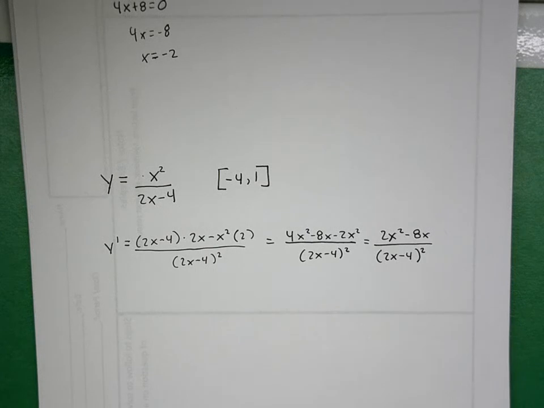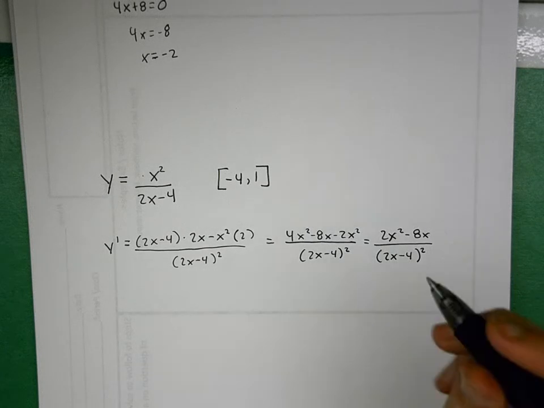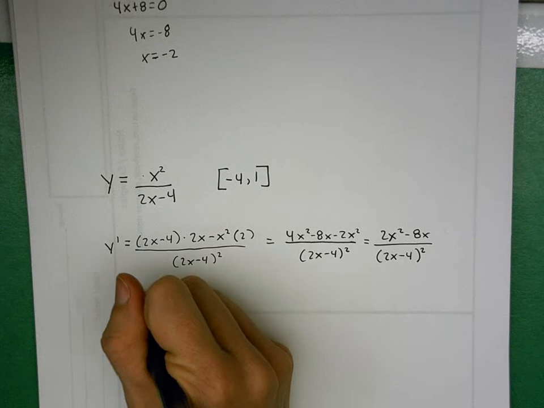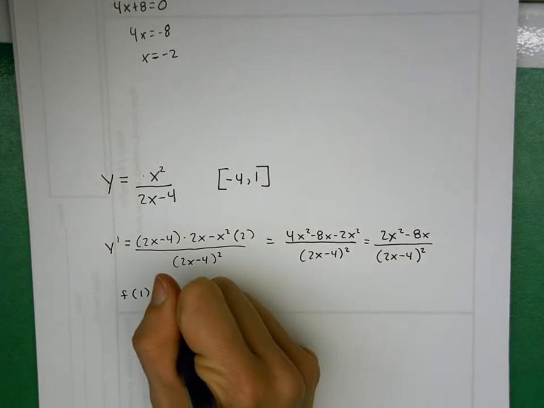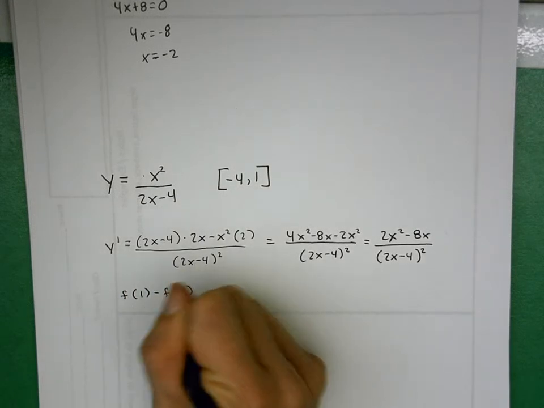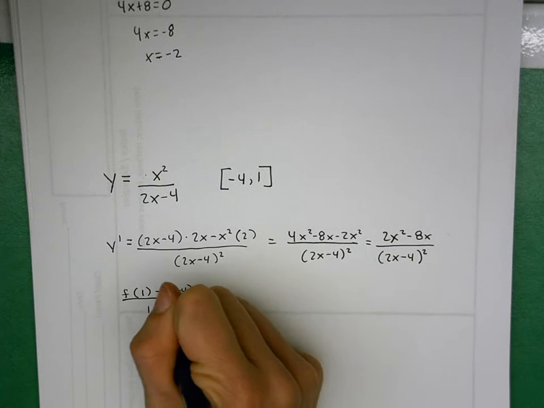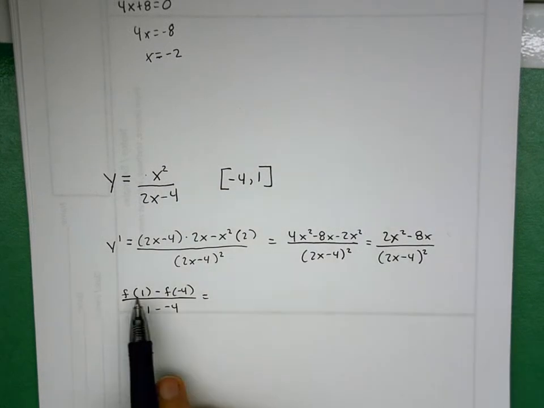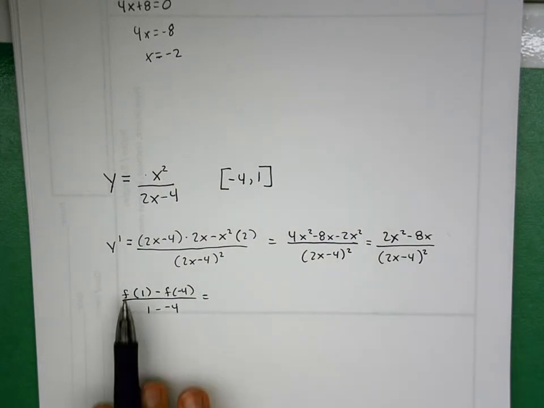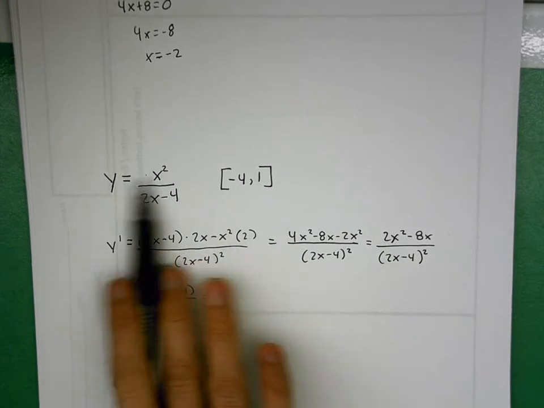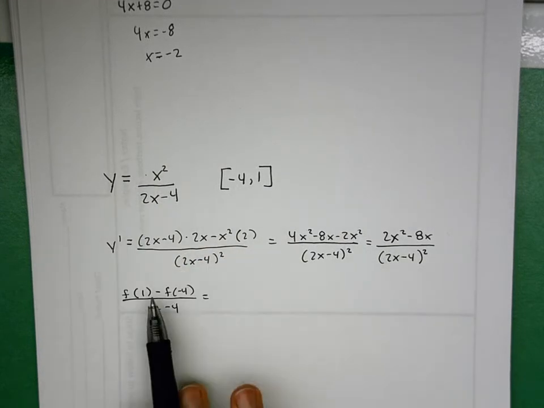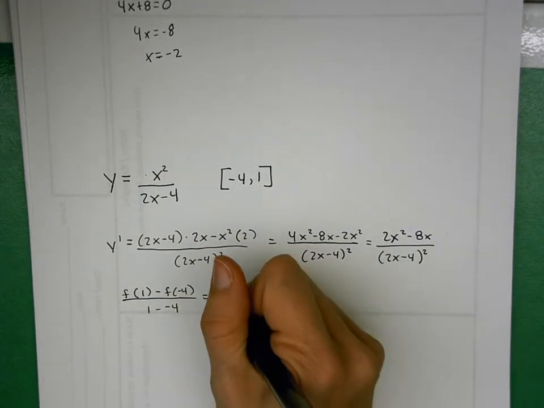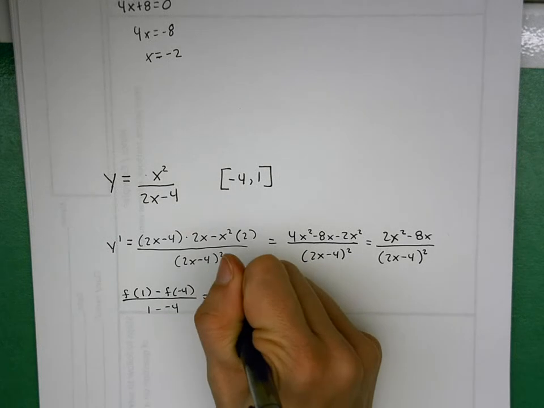So we're there. Next up, we've got our f of b minus f of a over b minus a. My f of 1 minus f of negative 4 all over 1 minus negative 4. Or in this case, it really would be y of 1 and y of negative 4, because to find these, we're plugging into the original function. When I plug in 1 up here, I get negative 1/2.